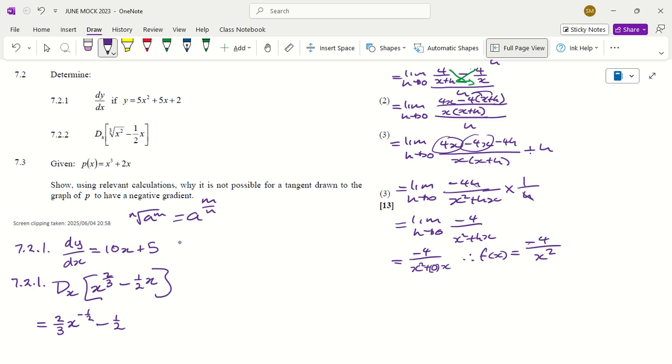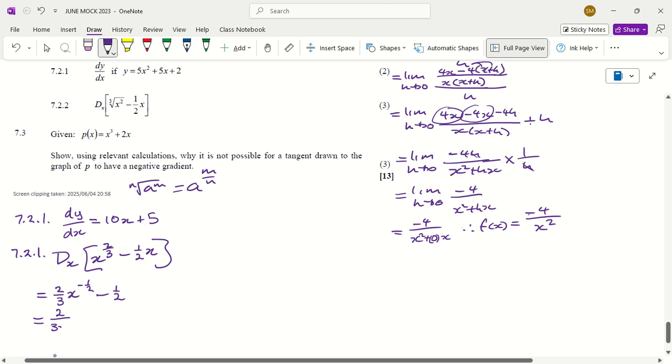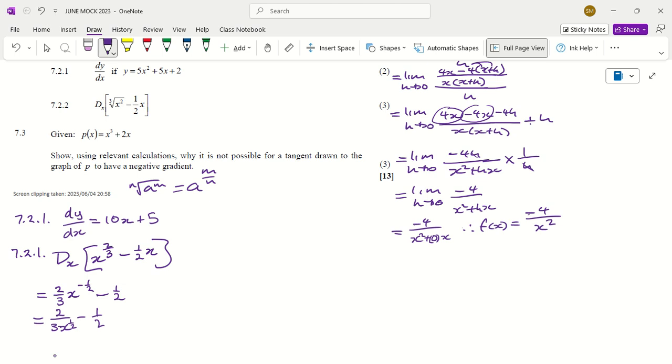Now the answer is 1 over 2. And if you want to use positive exponents, let me just create space here. It's going to be 2 over 3 x to the exponent negative 1 over 3 minus 1 over 2. So that is very simple there.